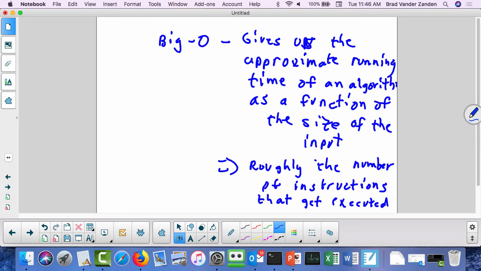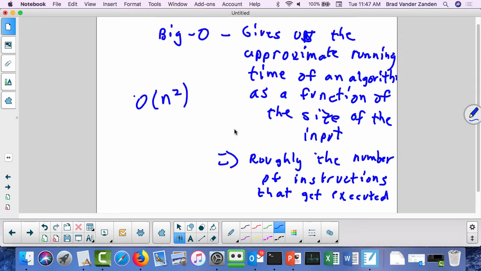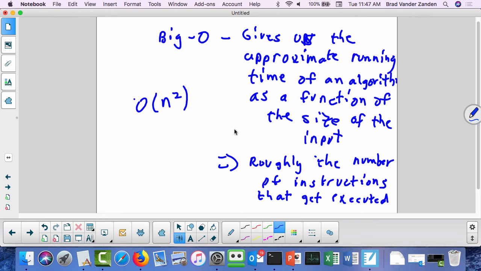So you will see me write something like BigO of n squared. That means that the running time of the algorithm is roughly n squared instructions, where n is the size of the input. Okay? So for example, if the input is 10 items, then roughly 100 instructions will execute.